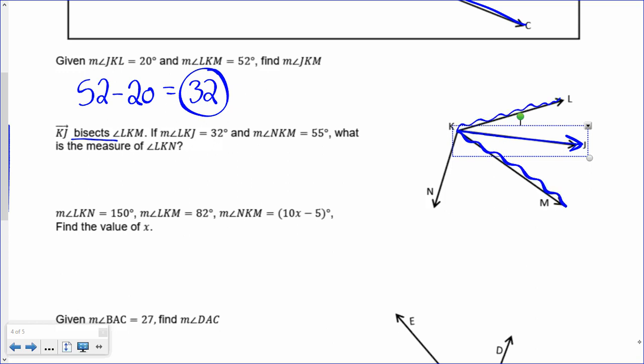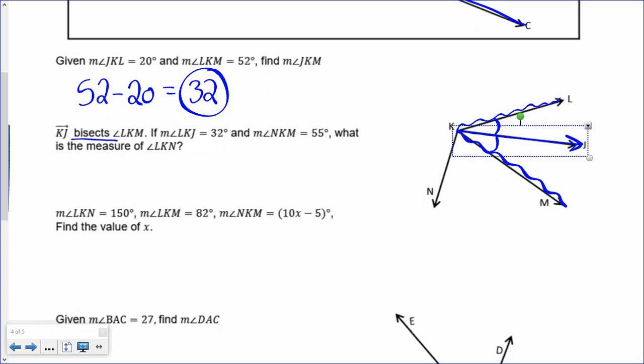So what does bisect mean? Two equal parts. What two parts are equal, and how do I indicate that they are equal? LKJ and KJM. How do I indicate that they are equal? The little arcs. So I have two congruent angles in this picture.